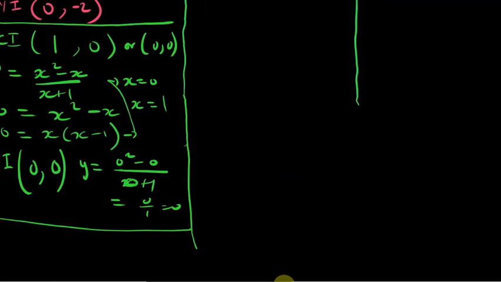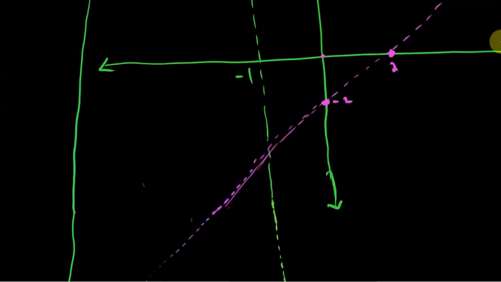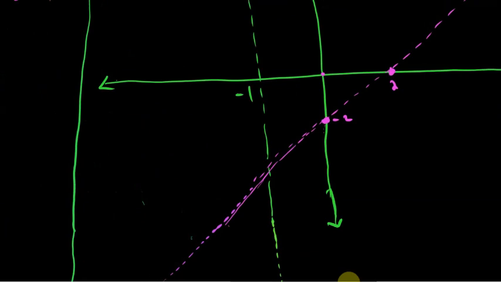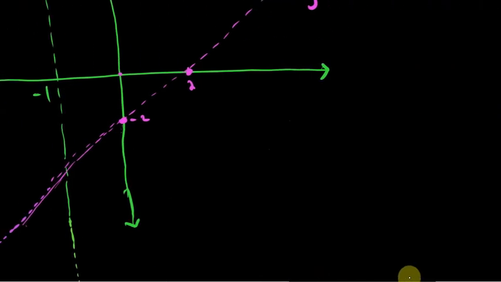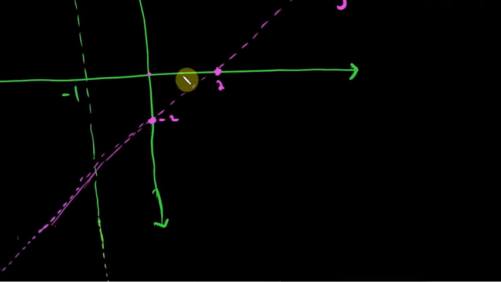The graph intersects the x-axis at 1 and at 0, 0.